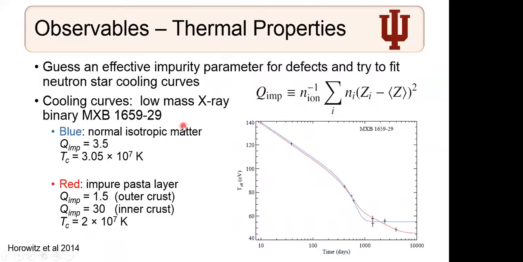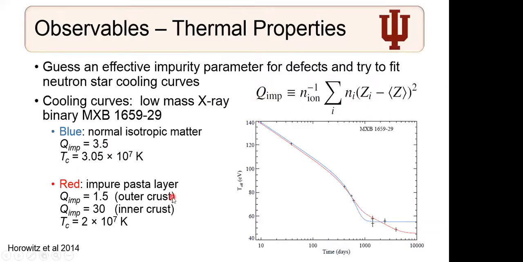This is the same data that I showed you earlier, but with one extra data point out here. The blue curve is the curve I showed you before. There's a low impurity parameter for the outer crust, and then there's some constant temperature for the core. Within 1,000 days or so, it eventually flattens out and it's re-equilibrated with the core.